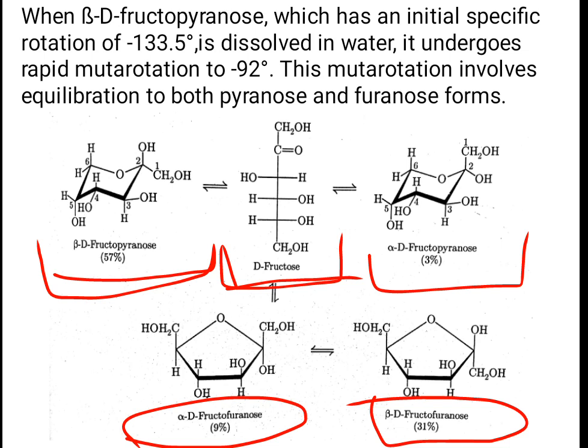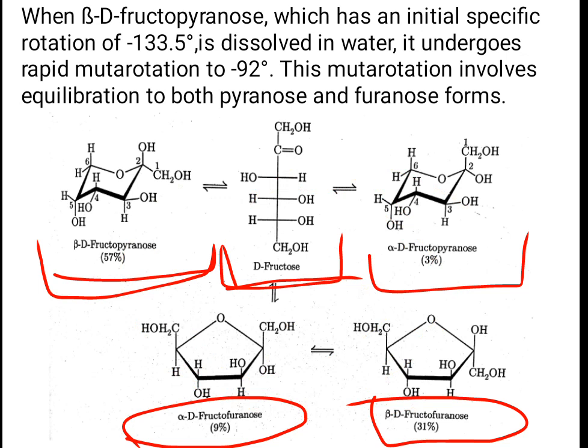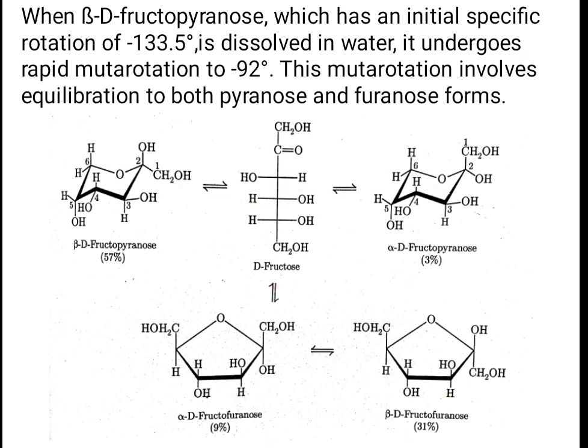So you are getting all these structures together, and you can see these percentages. Beta D fructopyranose has the 57% contribution, whereas the beta D fructofuranose has 31%, and these alphas are 9% and 3% in equilibrium.